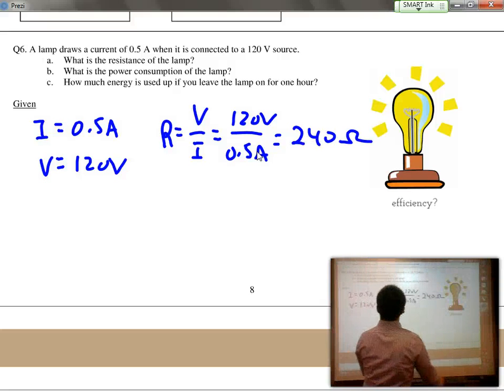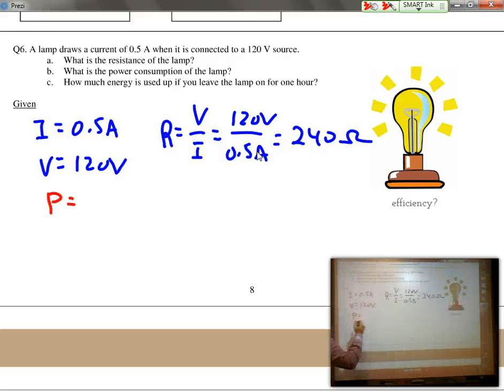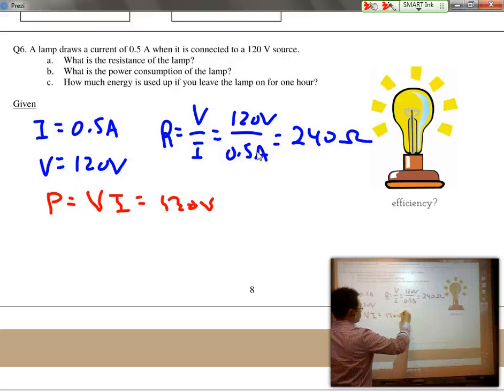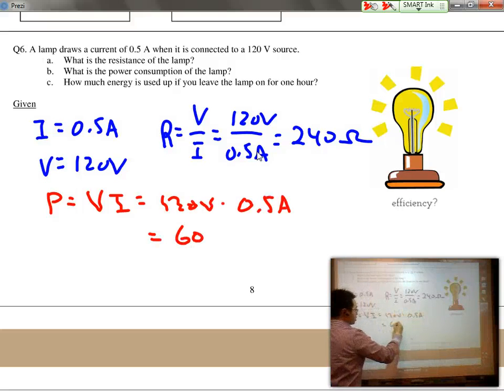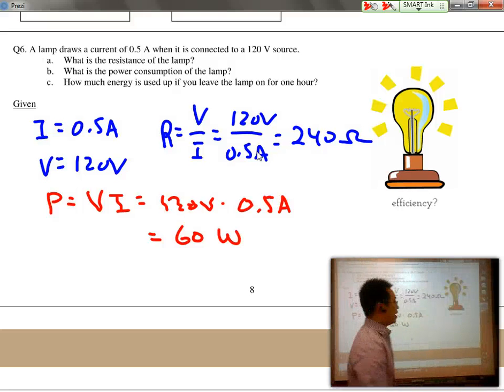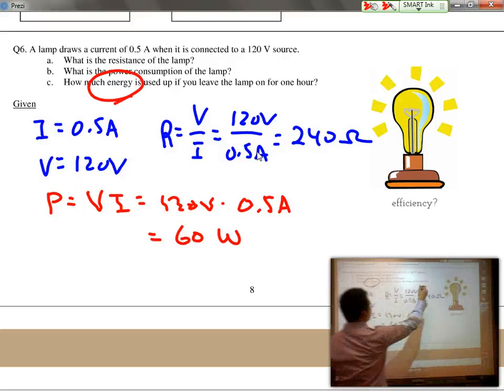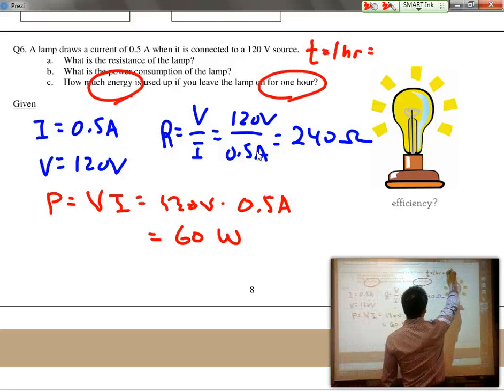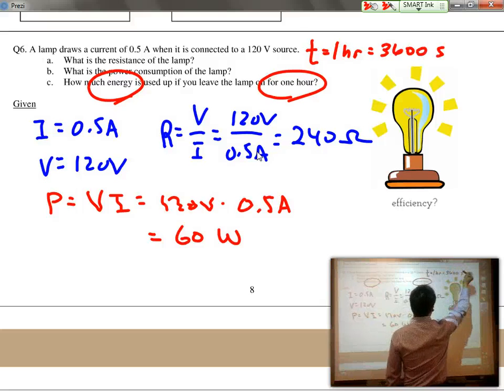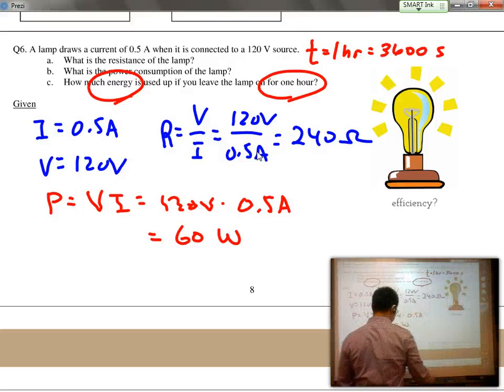When they ask us to solve for power instead, power is equal to VI. So that equals 120 volts times 0.5 amps, which is equal to 60 watts. And if I want to solve for how much energy was used up, assuming that it's left on for 1 hour, time of 1 hour is the same as 3,600 seconds. Okay.